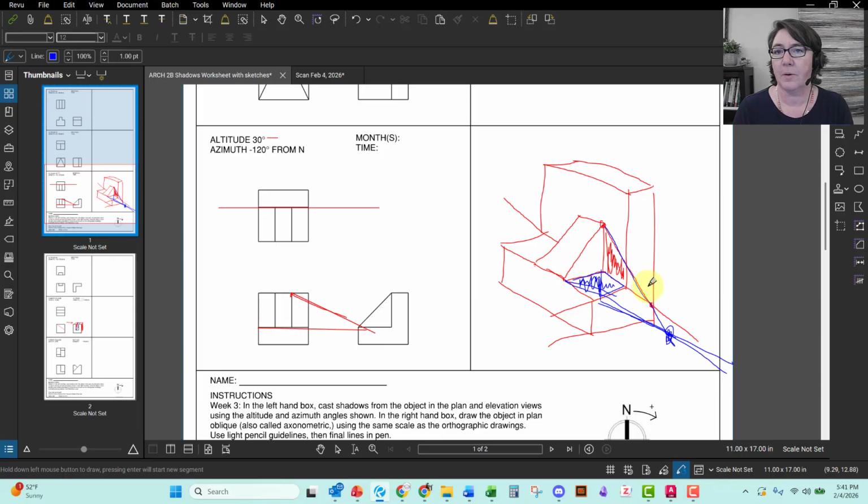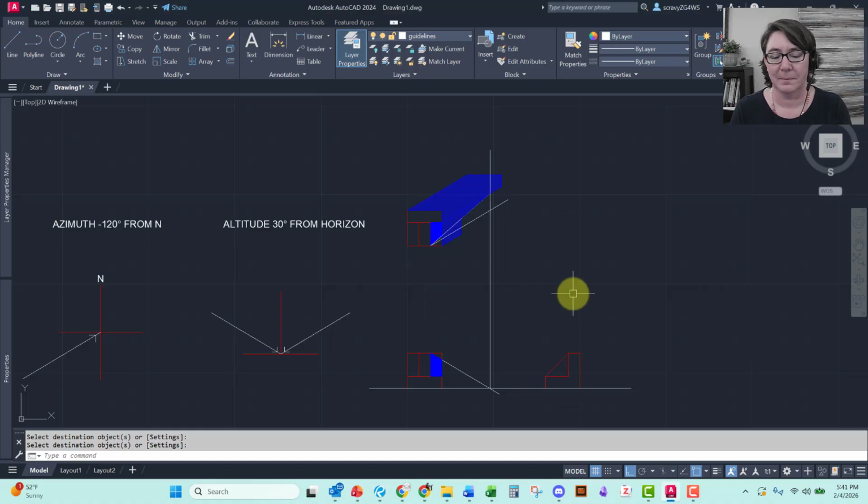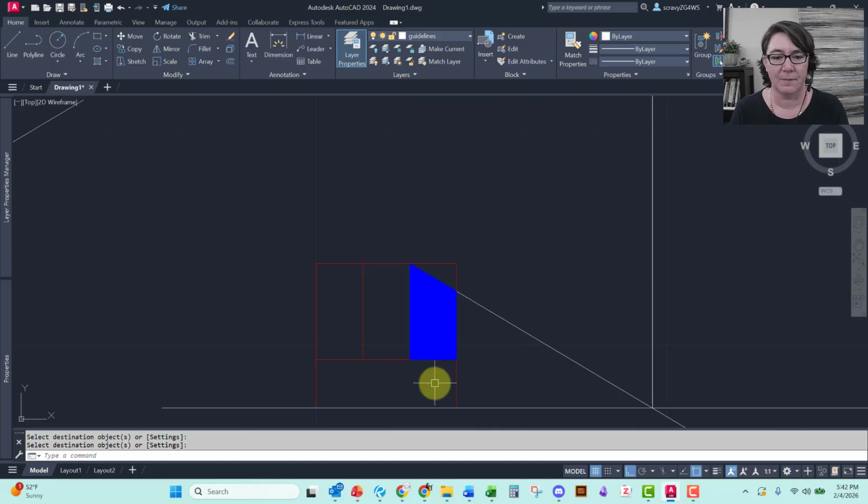Let's go over to AutoCAD and draw this far less messy than my mouse sketches. So here we go. What I've done here in the elevation view is we have our altitude angle.